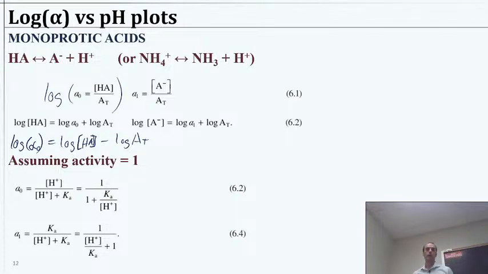So that's where we're heading. We're going to assume activity is 1, and if you remember our alpha values, we can derive these expressions, pulling in the equilibrium equation and putting it in terms of Ka and H plus. So we can get this piece in terms of Ka and H plus.